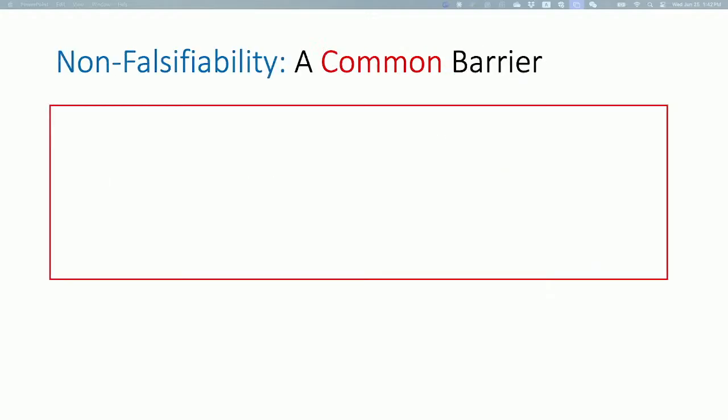Okay. And I want to emphasize that this non-falsifiability aspect of the security definition is not just restricted to I/O. In fact, it's a very common phenomenon in cryptography. For another example, when we define the security for succinct non-interactive arguments, we also have this non-falsifiable aspect of definition.